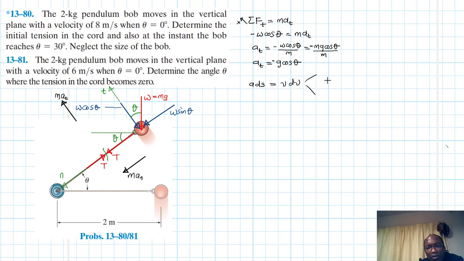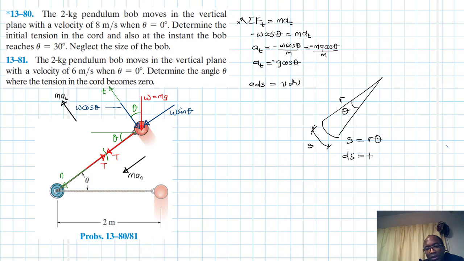This is coming from our v = ds/dt and our a = dv/dt, making dt subject of the formula, and we find that particular equation. Alright, so you know that s = r theta, you can write this as just s is equal to r theta, and therefore this is also true.